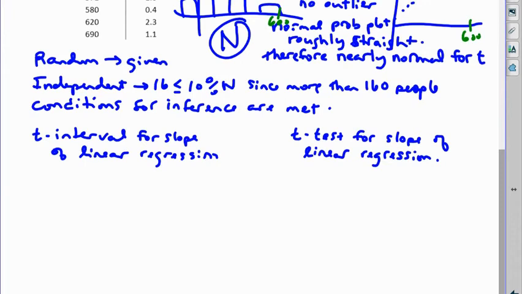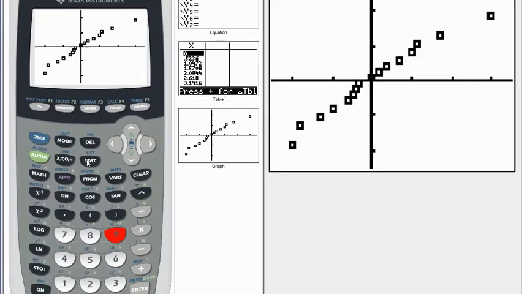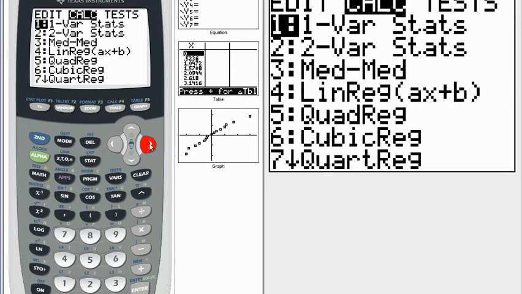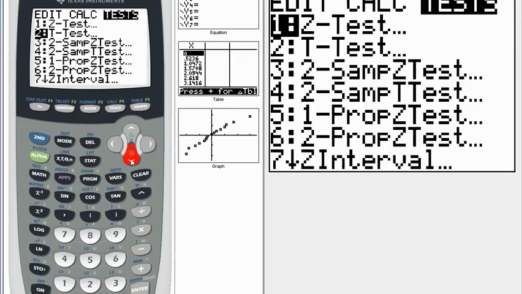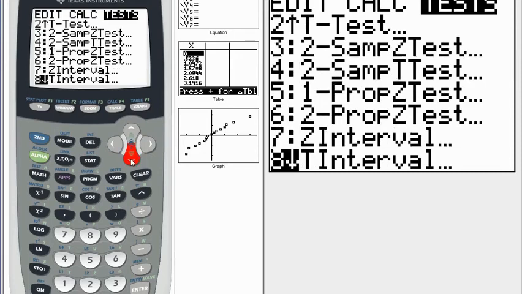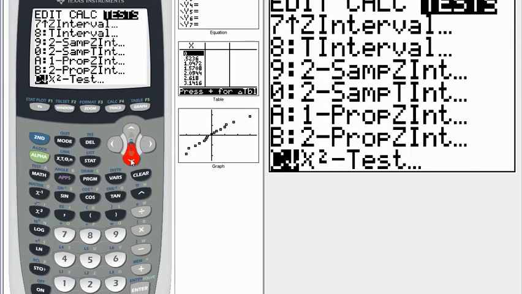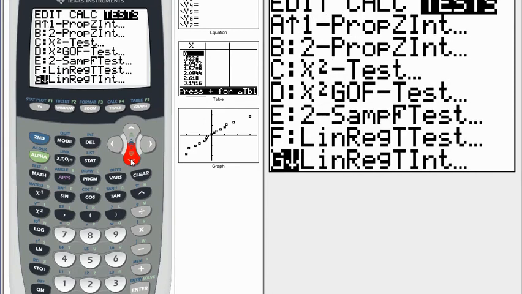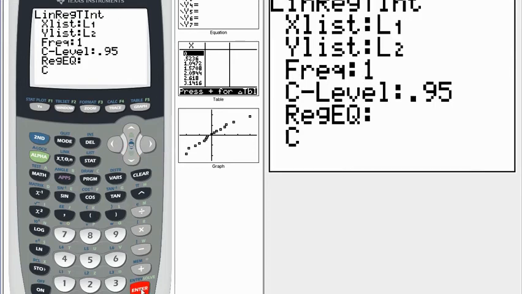So let's start with the interval, and we'll calculate the t-interval. And there it is, LinRegTInt.